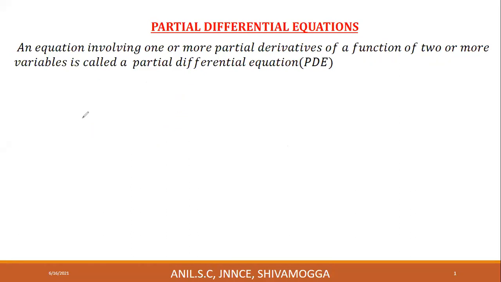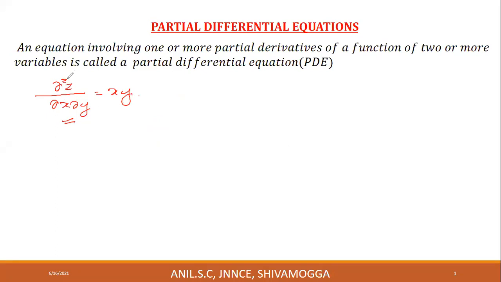Let's consider one more example. Del square z divided by del x del y is equal to xy. This is another partial differential equation. What is the highest derivative occurring in this differential equation?